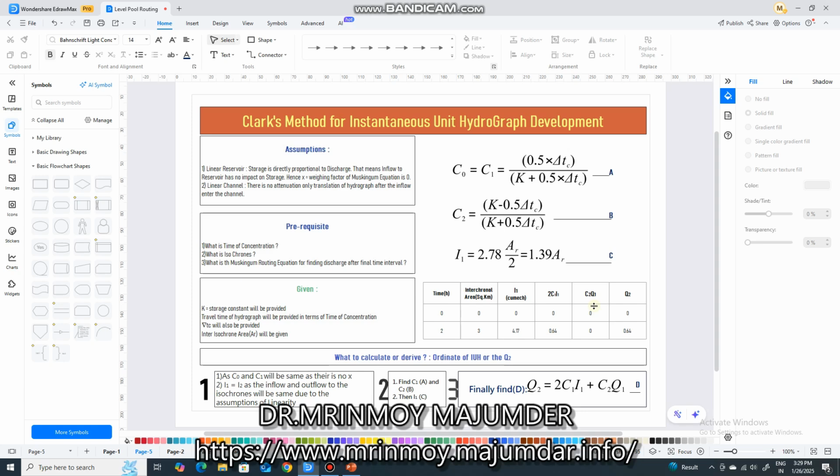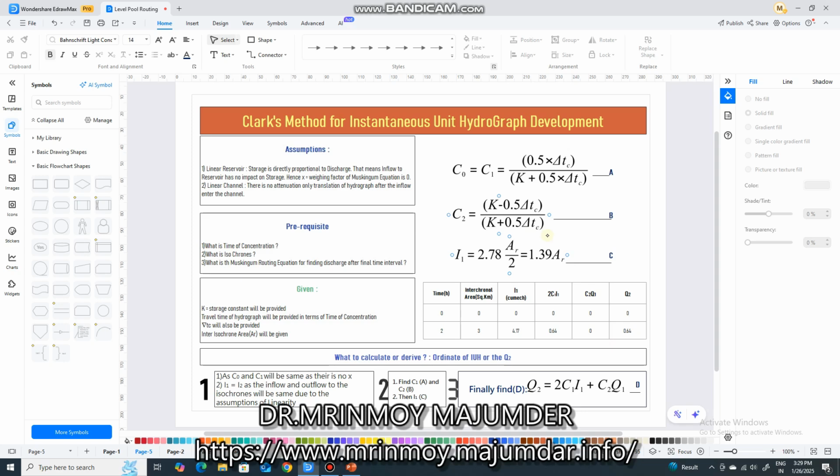Another way to describe it is that you see Qt in the first time scale is 0. Qt is 0 here, so Q1 is 0. So Q1 is 0 means C2 into 0 is 0. Next, Qt is 0.64, that is why Q1 is 0.64. Multiply with C2, then they'll carry on this way.